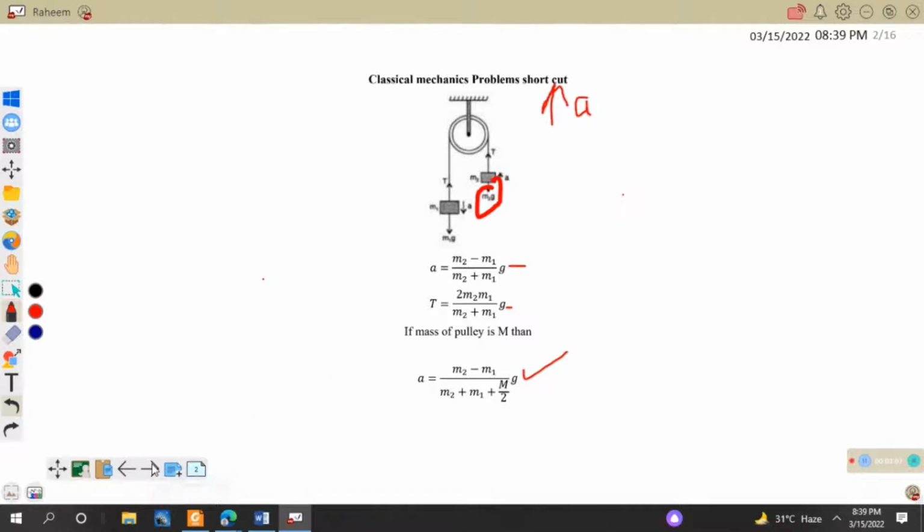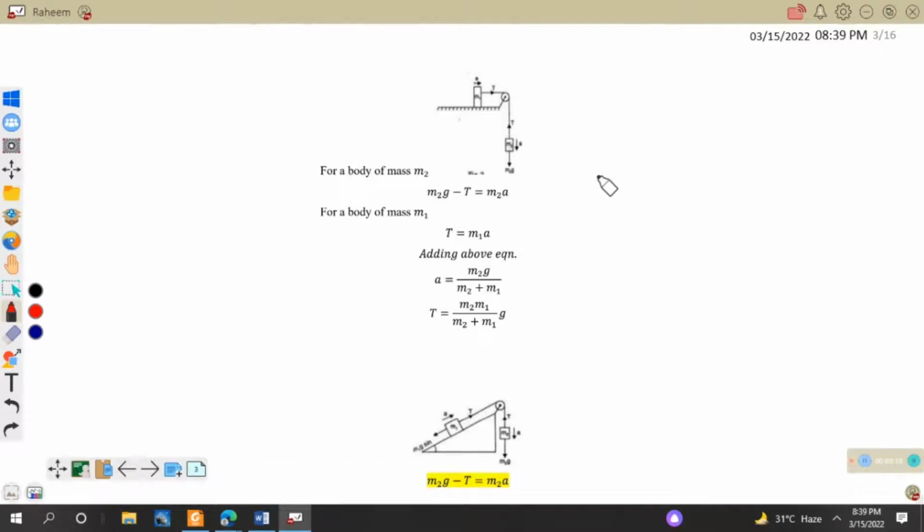Second is if we have one vertical mass and another horizontal. For this case, this is M2, so the equation of motion for this will be M2G, which is acting downward, minus T, which is acting upward, equal to M2A.